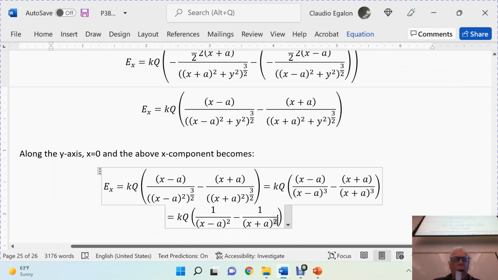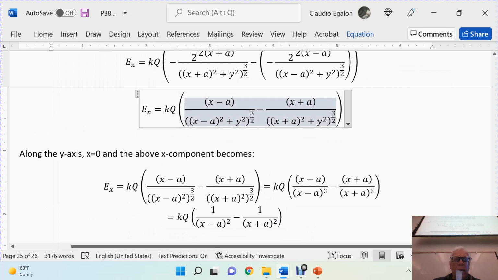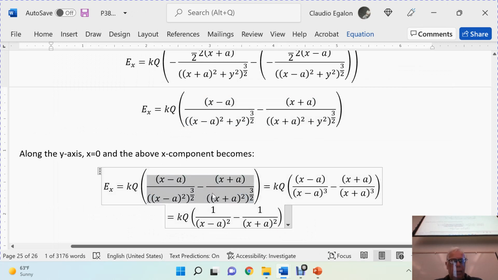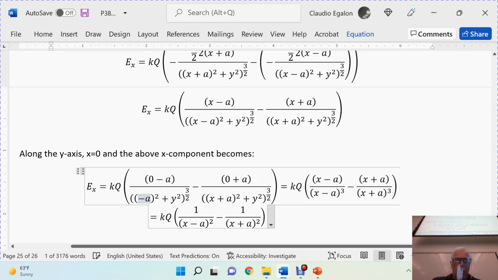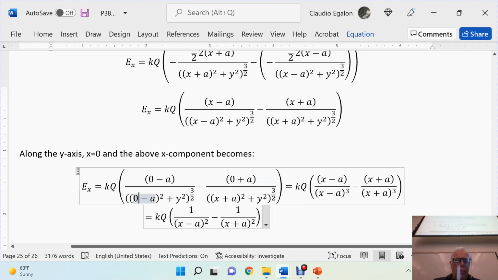X is equal to 0, not y. Along the y-axis, x is equal to 0. So this one becomes 0. This one becomes 0. This one becomes 0. And this one becomes 0.